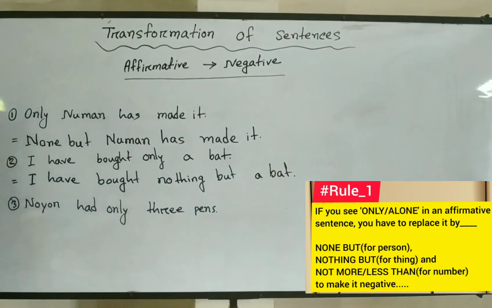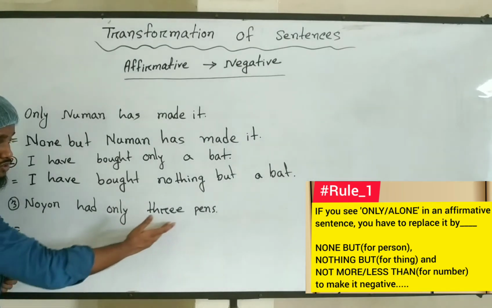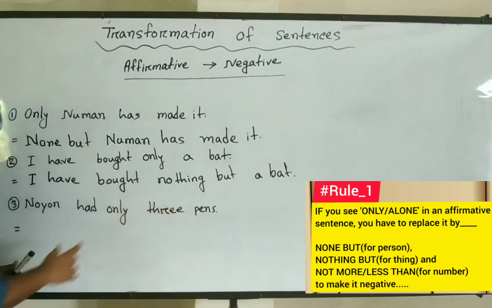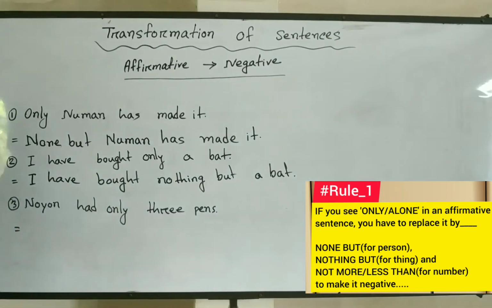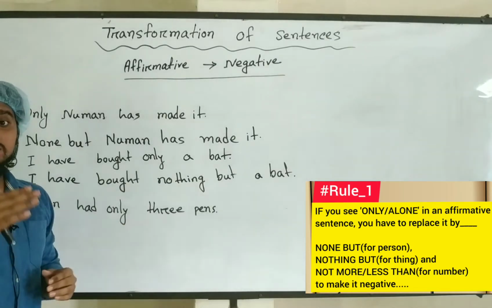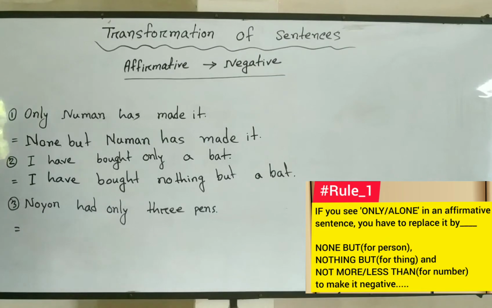And the next one, Noel had only 3 pants. You can see that here only is used before a number, right? So we have to use not more than or not less than. But we should use the best one to make the meaning perfect, right? I think you can use here not more than.